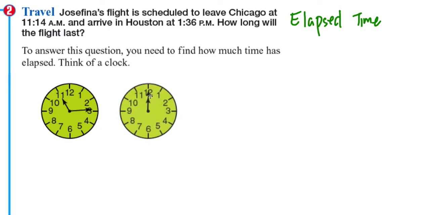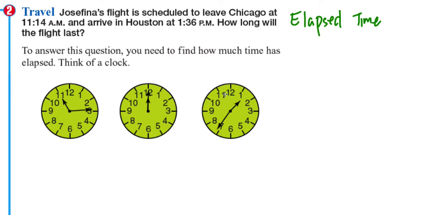So we go all the way to 12 noon, and we want to find out how much time has elapsed from 11:14 to 12 noon. And then from 12 noon, we want to find out how much time has elapsed to 1:36. So from here, we want to find out the time elapsed from 11:14 to 12 noon.